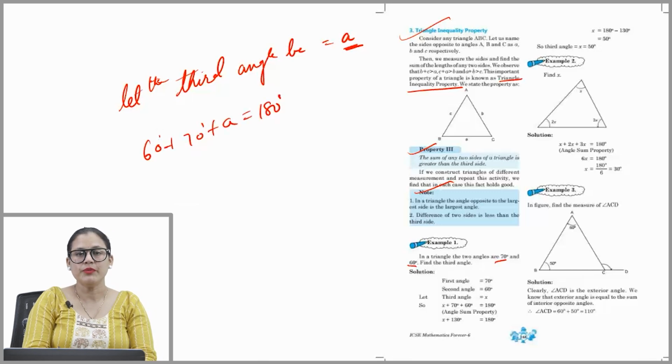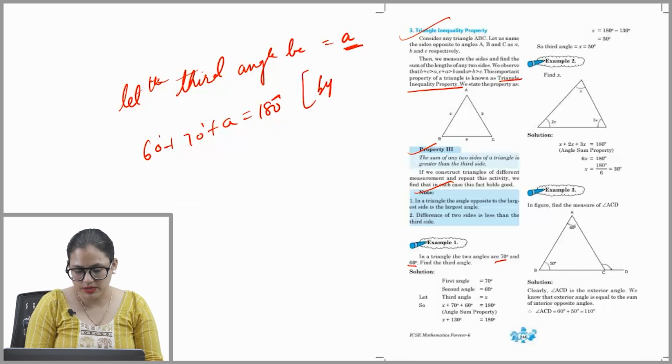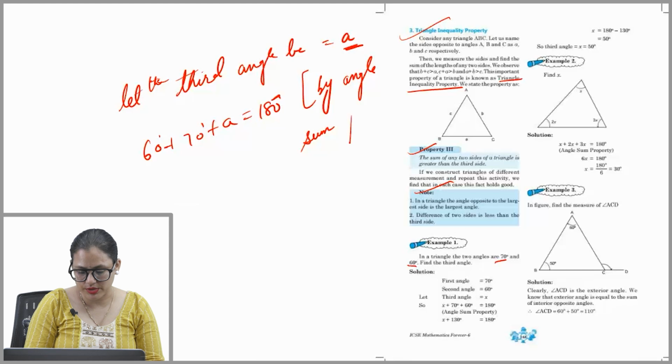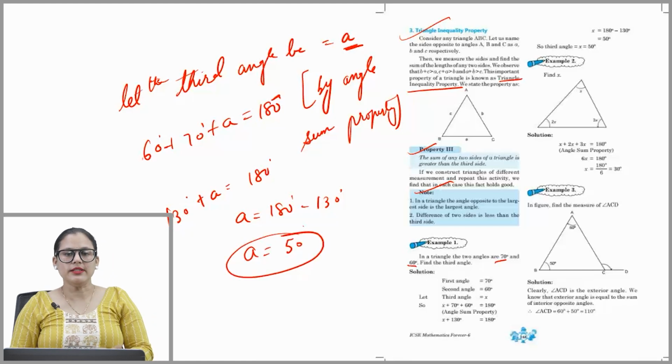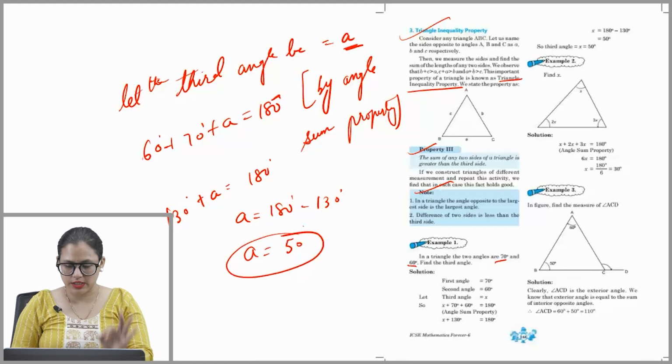Why 180 degree? By angle sum property of a triangle. 60 plus 70, 130 degree plus A is equal to 180 degree. A is equal to 180 degree minus 130 degree, and A is equal to 50 degree. So the third angle is 50 degree, right?